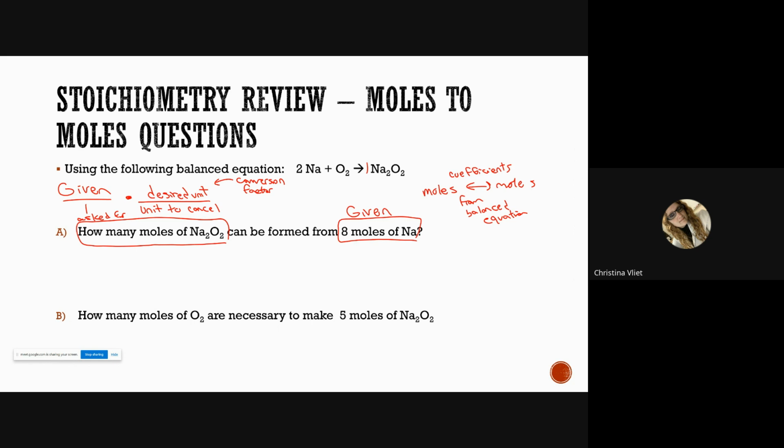If you can think of that, and some of you may be able to think of this in your head, a 2 to 1 ratio means I'll always make half the amount of Na2O2. And if the numbers are easy, it's pretty simple. If I've got 8 moles of Na, how many moles of Na2O2 will I make according to this recipe? 4. Right? Because if 2 moles of Na makes 1 mole, the chemical equation is basically your recipe.